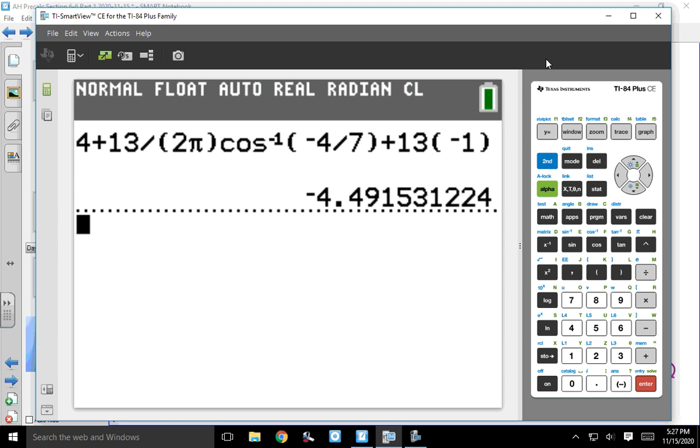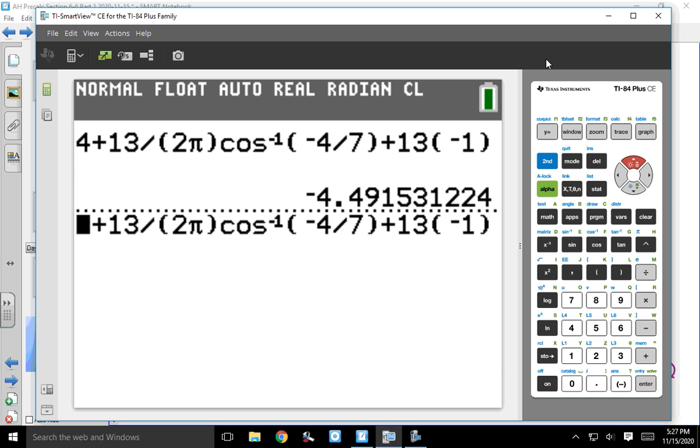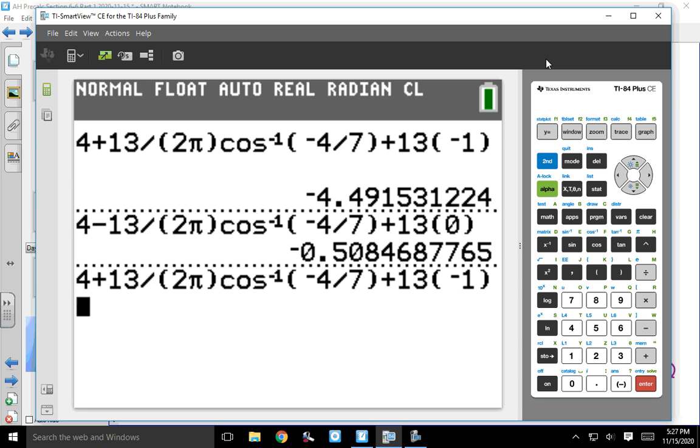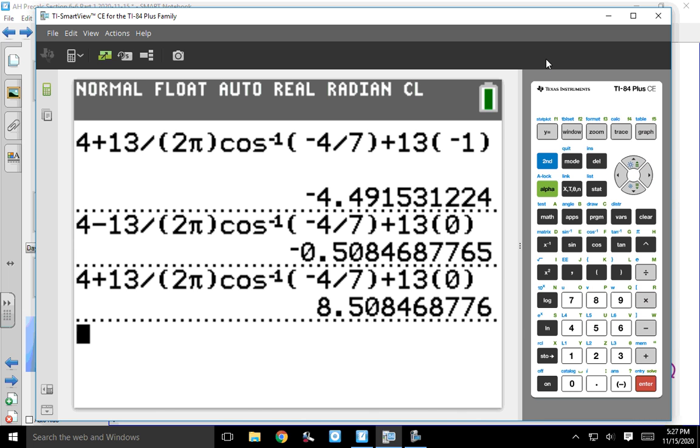And now if you move to the right, the next solution we should have is using subtraction, the negative cosine inverse, the opposite cosine inverse, however you want to say that, and with n equal to 0. That should give us a negative 1/2, which is what we get. And now the next solution that we come across, using the plus, and with n equal to 0, was a solution somewhere around 8.5.